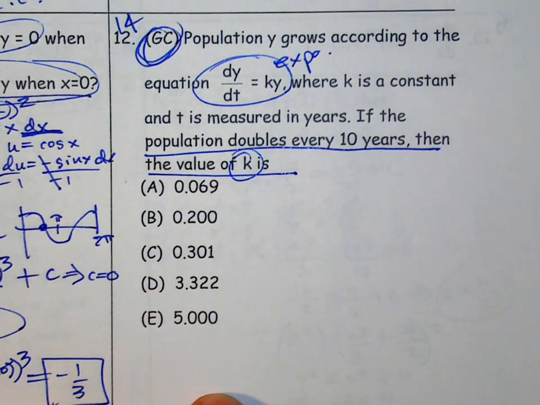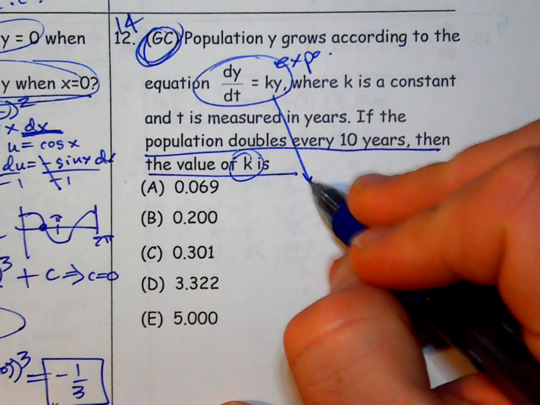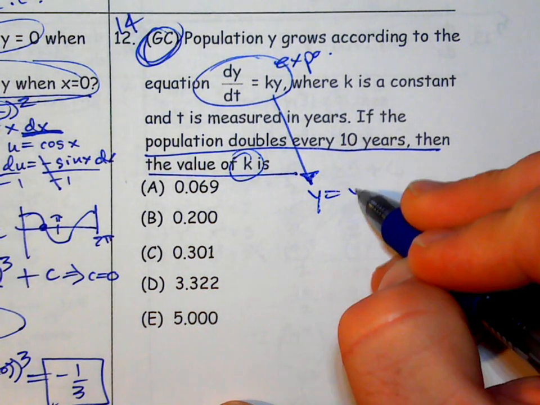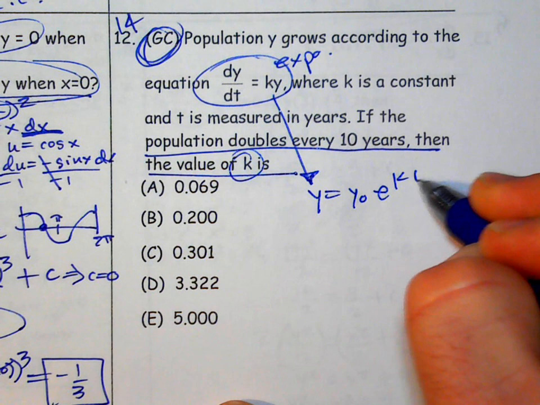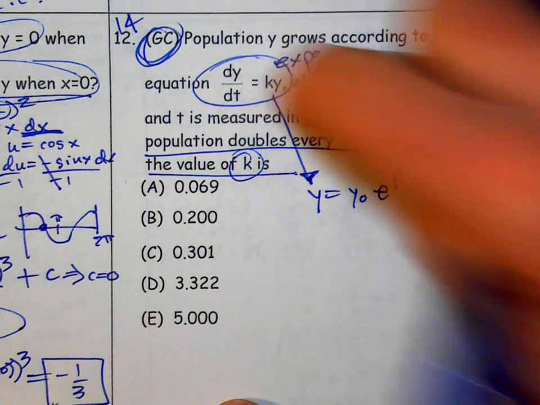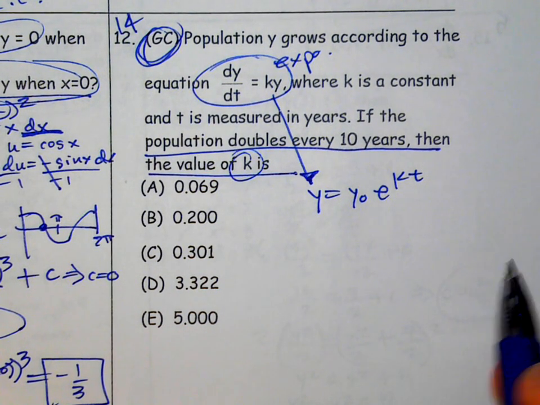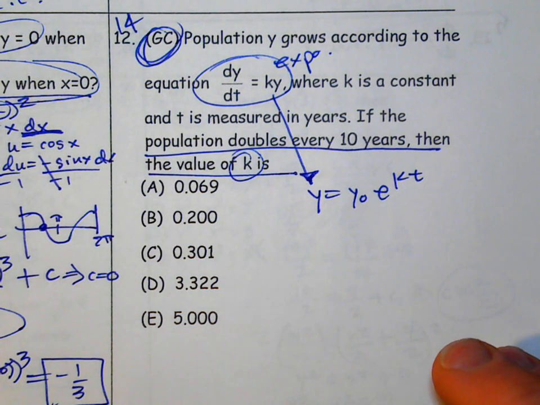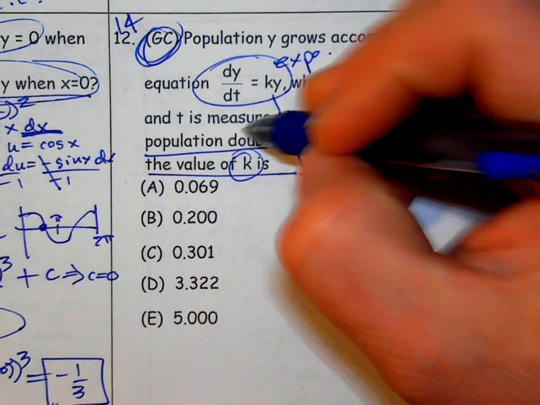Now, we could go ahead and say, hey, we know that y equals y naught e to the kt because it's exponential growth. Or you could do the work to solve it and you'll get something like that. Now, we don't have an initial condition. We don't know any specific y, or even the initial population, but we have this thing that says doubles every 10 years.